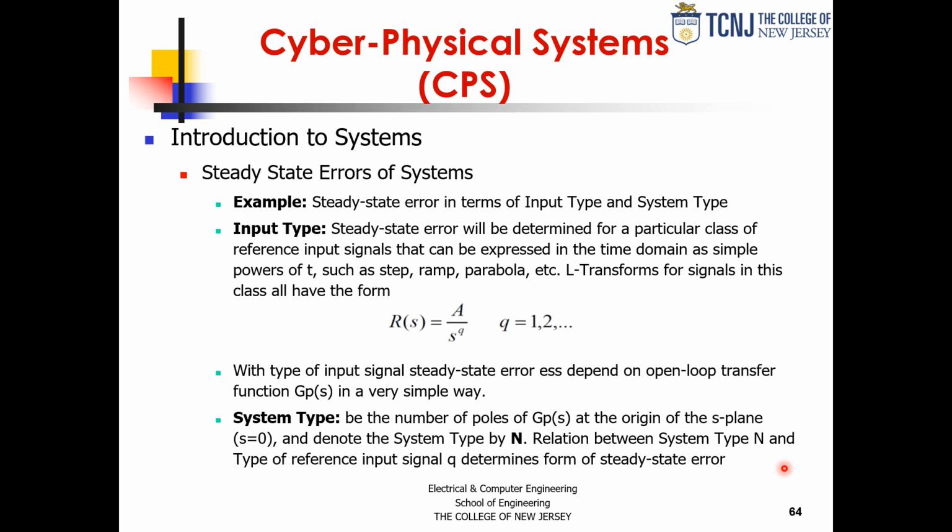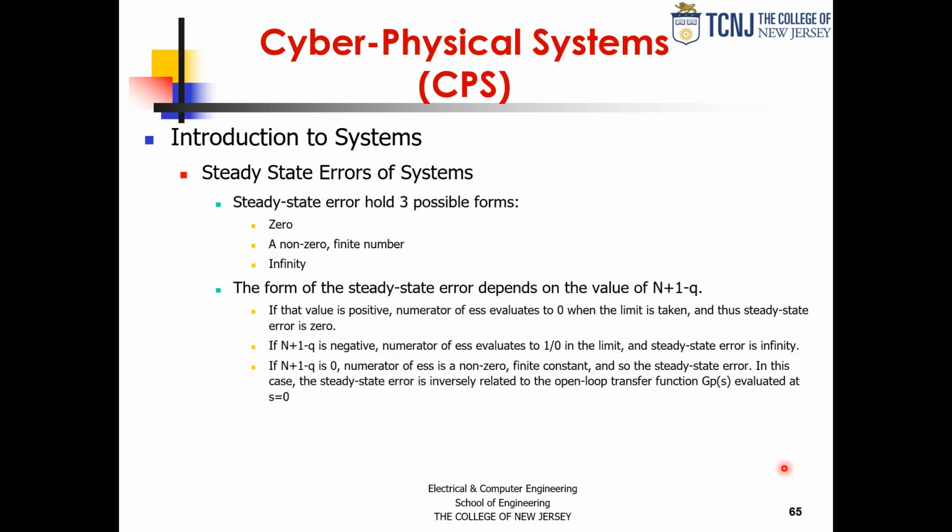So depending on the system type, the system is going to react differently to the different type of test signals and give you different results in the steady state error sense. So again, you have three possibilities in this respect.